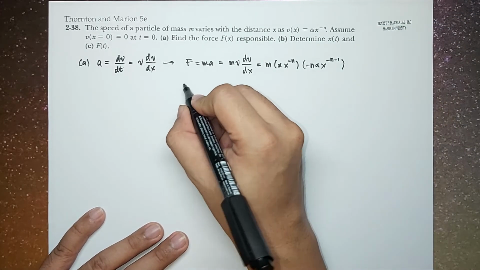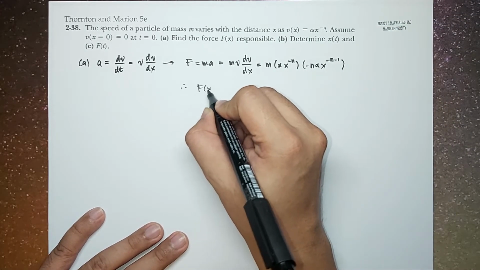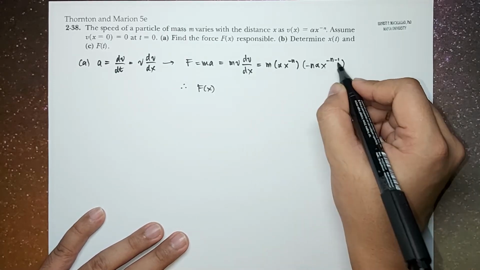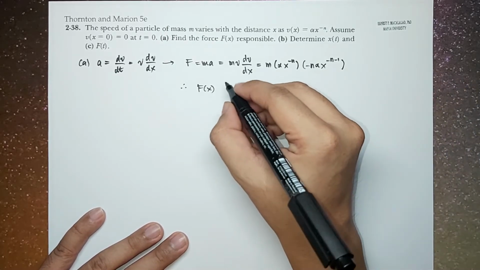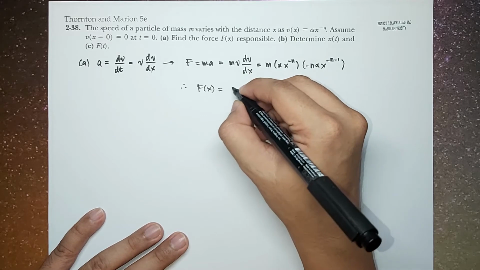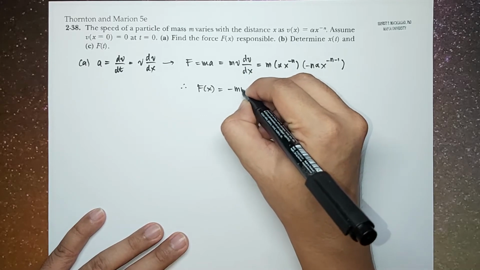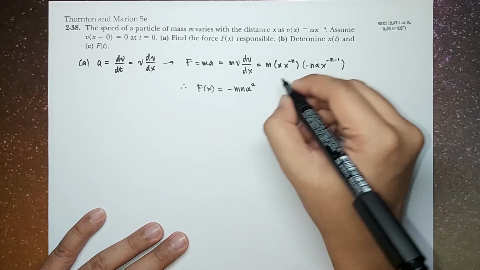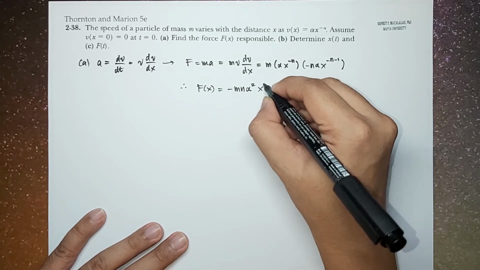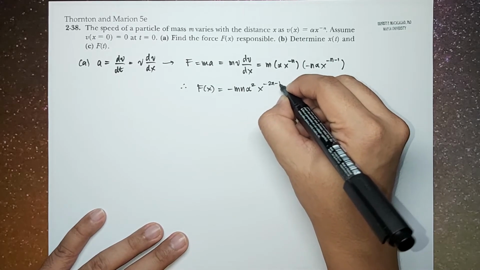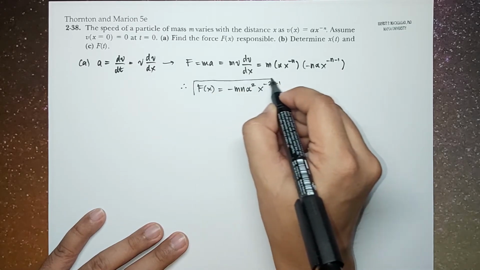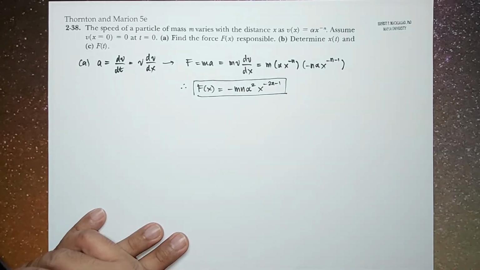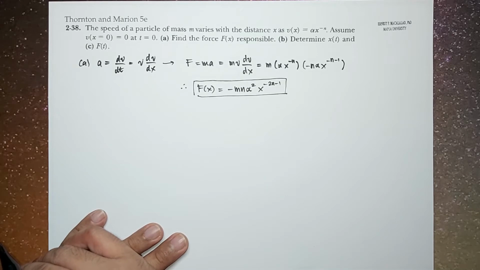Therefore, the force as a function of x, we notice that this is a function of x, is equal to negative m n alpha squared times x to the negative 2n minus 1. So that is now the force as a function of x.